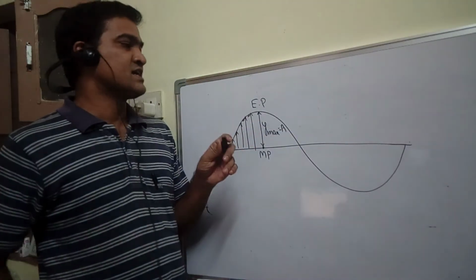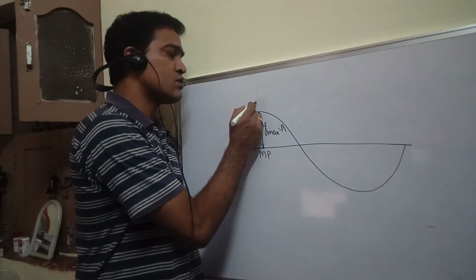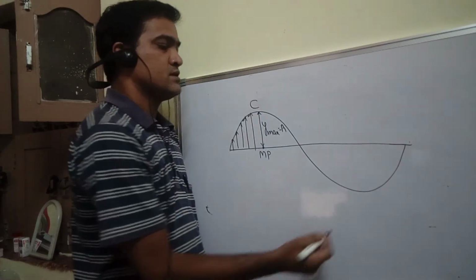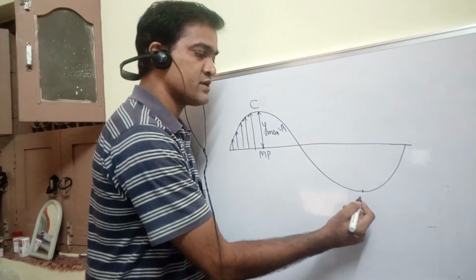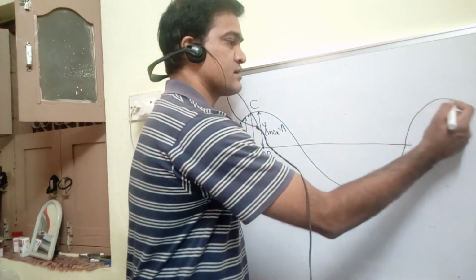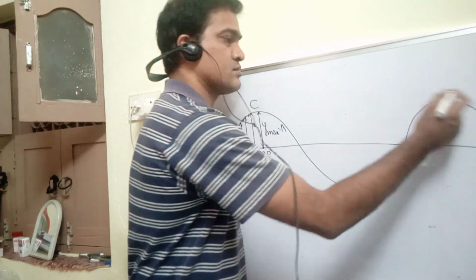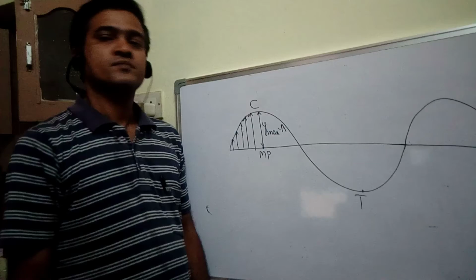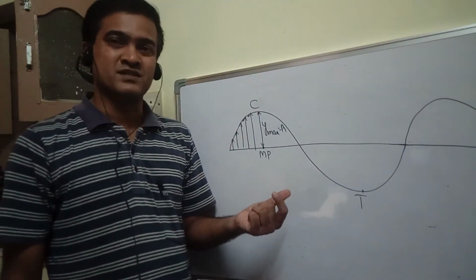Now if I take a transverse wave, as you know very well, this point is called the crest. The bottommost point in the downward displacement is called the trough. Again if I take another pulse, half of the wave is what we call a pulse.